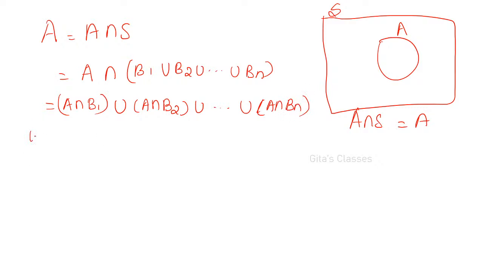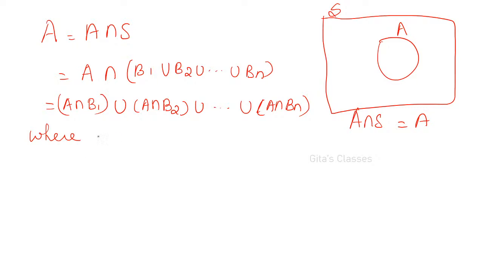And what do you know about these sets? We know that B1, B2, etc. are all mutually exclusive, right? Therefore A intersection B1, A intersection B2, etc. are also mutually exclusive.